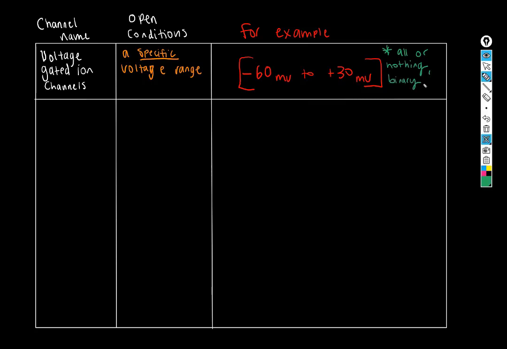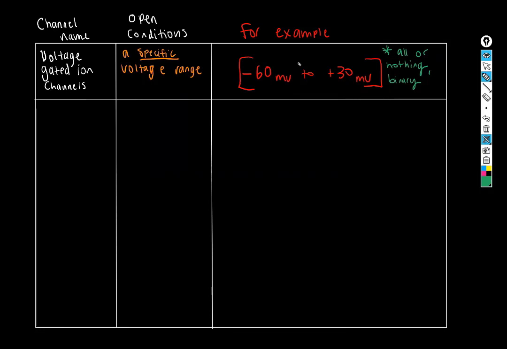It's a binary system. So the channel is in one of two states. It's either open or closed. If we're in this range, then open. If we're not in that range, then closed.